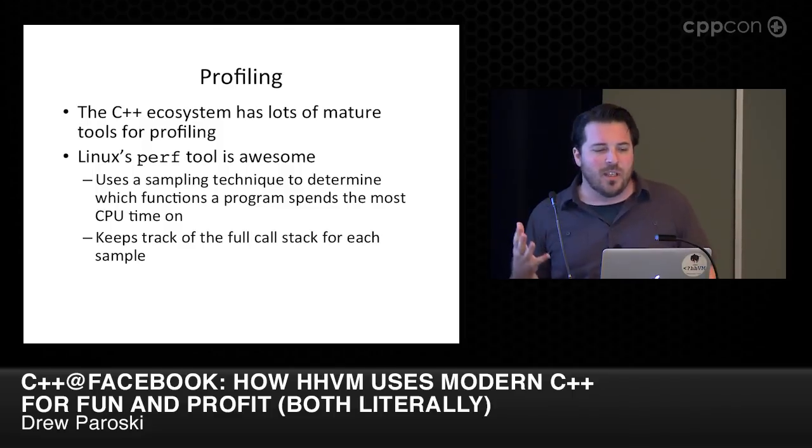So the Linux kernel, a couple years ago, now comes with a standard tool called perf. It basically uses a sampling technique, and you can use it to figure out where your program is spending all of its time in terms of which functions it sits inside. And every sample gets the full call stack. So not only do you know which functions you're spending the most time in, but you can see how you got there.